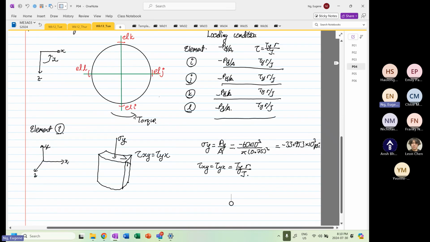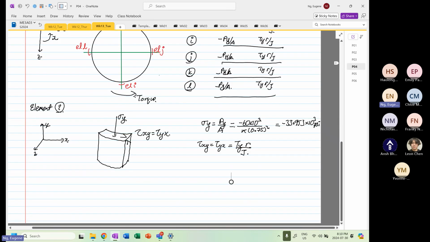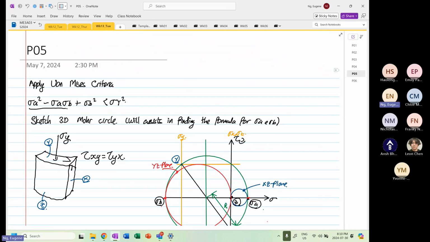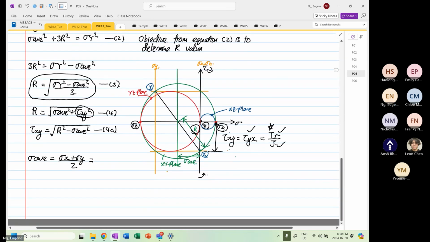Normal stress in the x direction is equal to 0, and in the y direction it is minus 33.953. So it's 0 plus minus 33.953 times 10 to the power 3, divided by 2.